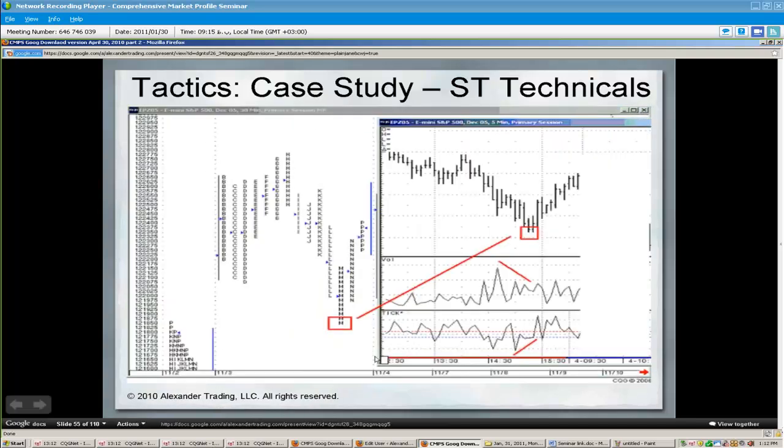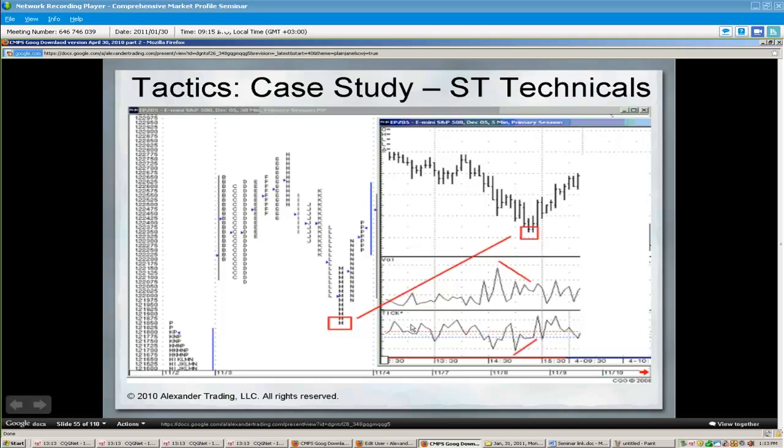Okay, this is that low that formed on the 2nd that came into the upper extreme of the transition day to the upside. This is another example of volume. This happens to be tick.